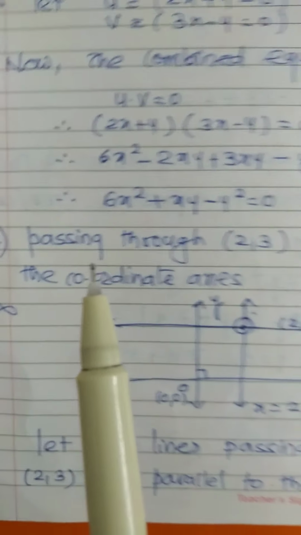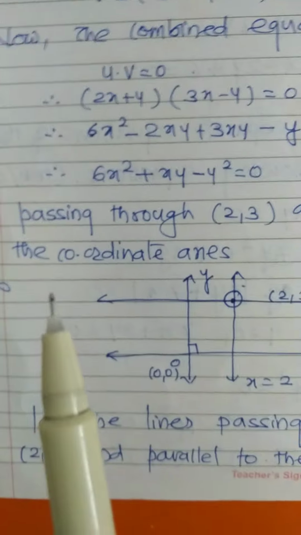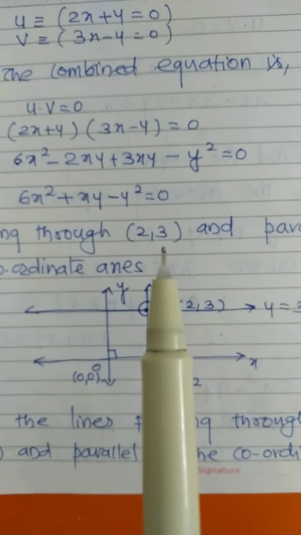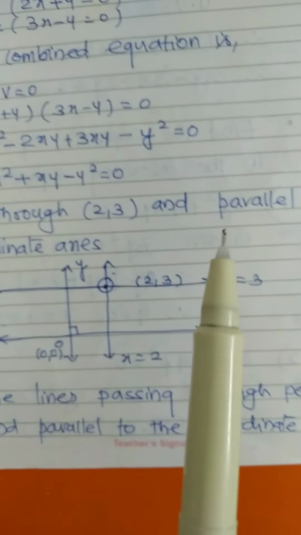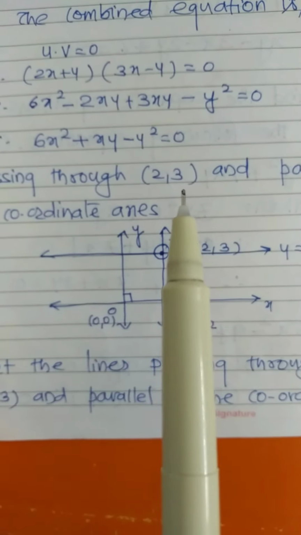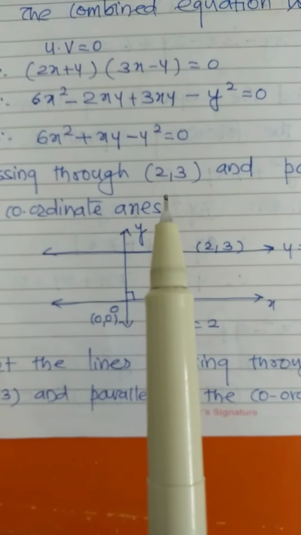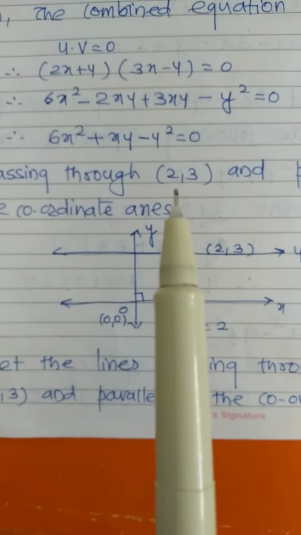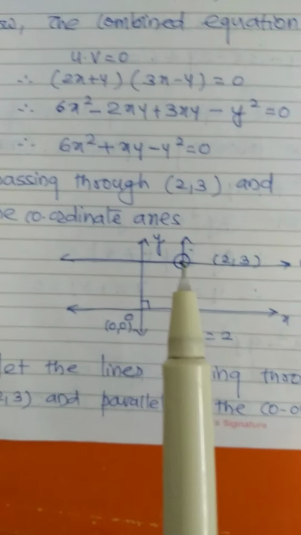Now next, just look into the given information properly. Lines passing through point (2, 3) and parallel to the coordinate axes. The point (2, 3) is in the first quadrant.